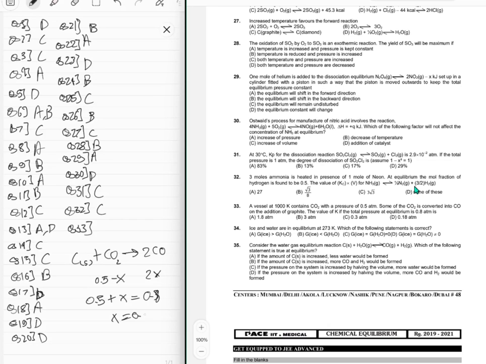So X is 0.3, got it. This should be 0.2, and this should be 0.6. So what do you want? What's the value of K? That's just this guy squared, so 0.6 squared upon 0.2, which is 0.6 times 3, which is 1.8, I think. Yeah, 1.8. So A, 33A.